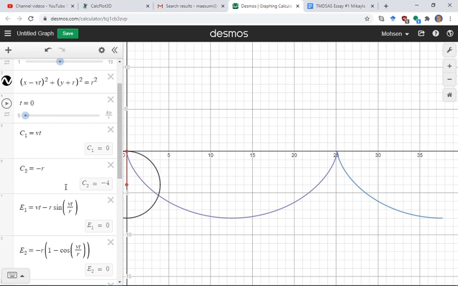So here is a little animation I made so you can see what happens. I'm going to imitate taking this bicycle wheel, which has this red dot on it, and as this bicycle wheel rolls on this line, let's see what happens.